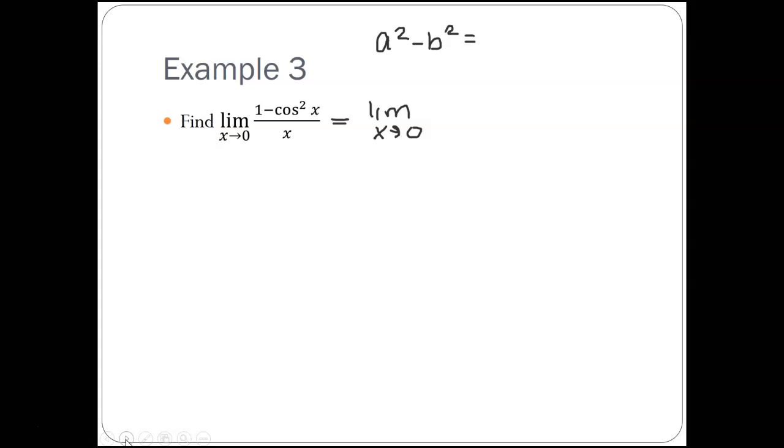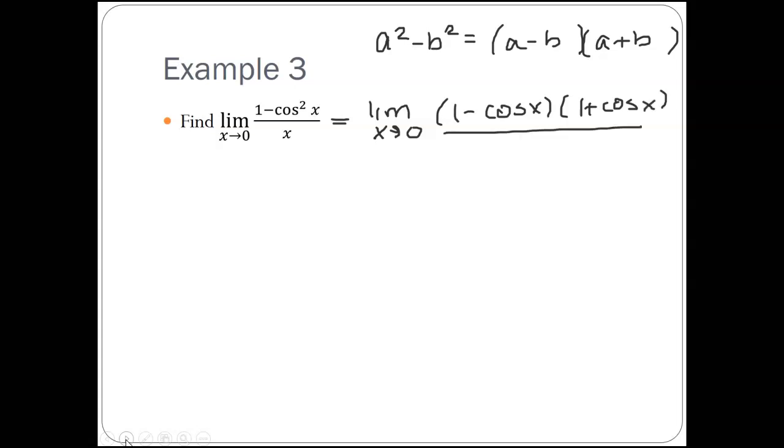Anytime you have a perfect square minus another perfect square, we think difference of squares. So the minute I see that 1 minus cosine squared, I am rewriting my problem as 1 minus cosine x, 1 plus cosine x, all over x.